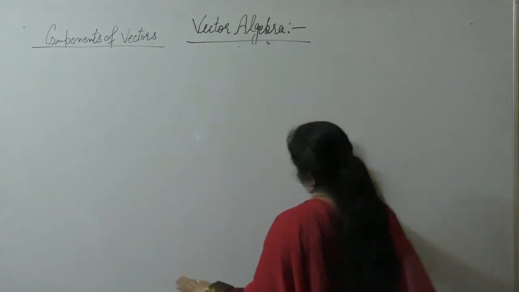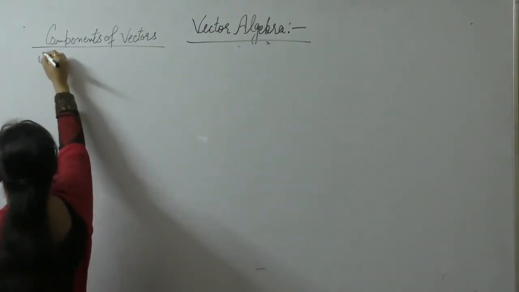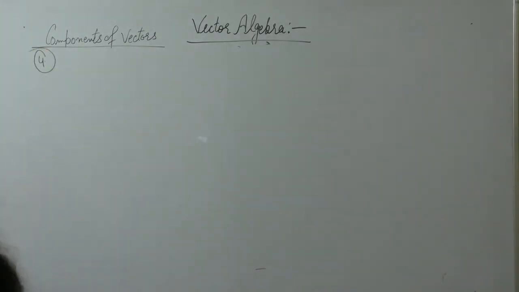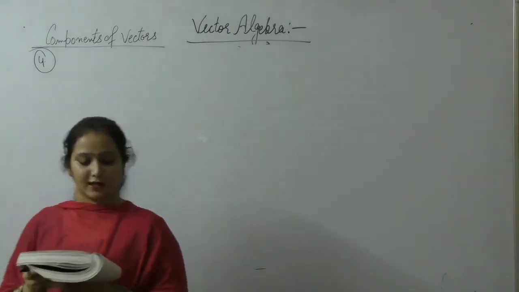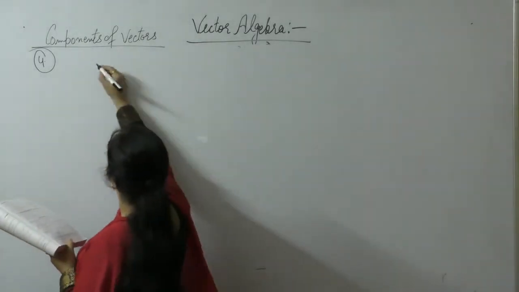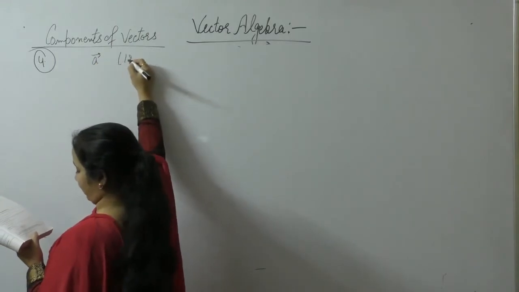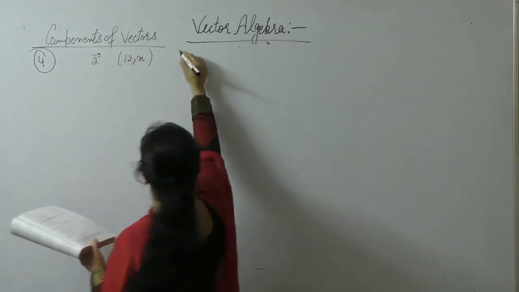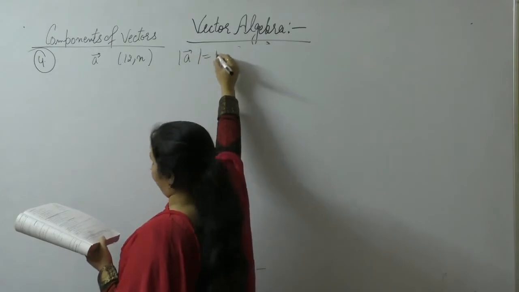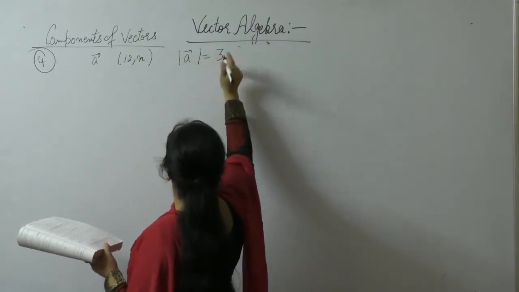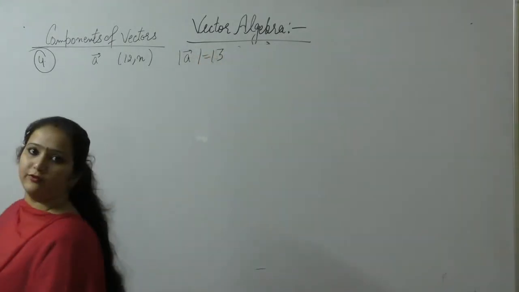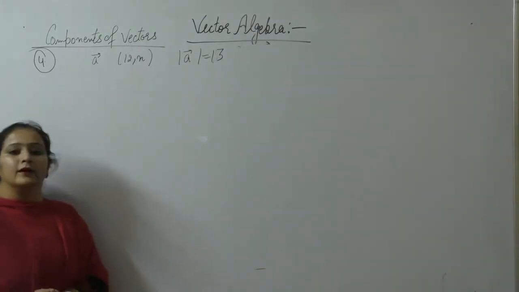Now the next one, question number 4. If the position vector of vector A of the point (12, n) is such that the magnitude of vector A is 13, find the value of n.